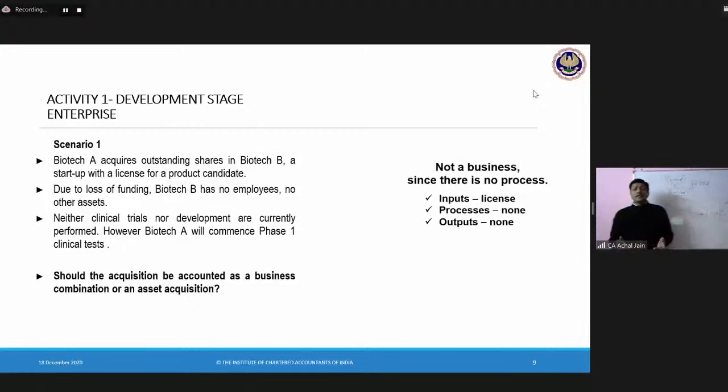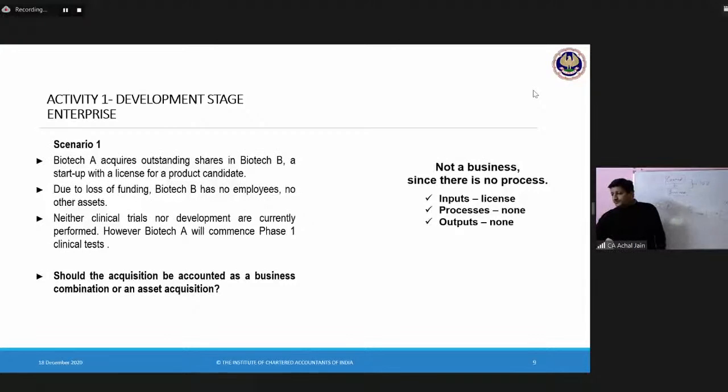And you may be right that we also need people, because without people, how can we say that this license will be of any use? So it's a possibility. But let's suppose the company doesn't have any employee, but has outsourced all of its work. So still it can be used. It's not necessary that employees have to be there. Even without employees, it's possible. So your answer is correct.